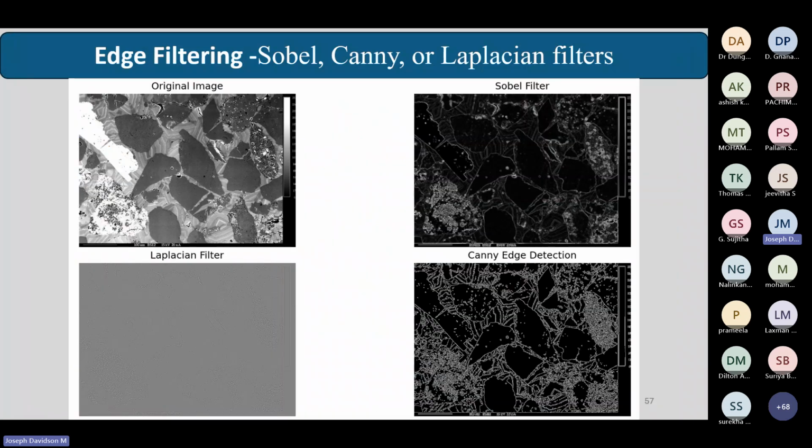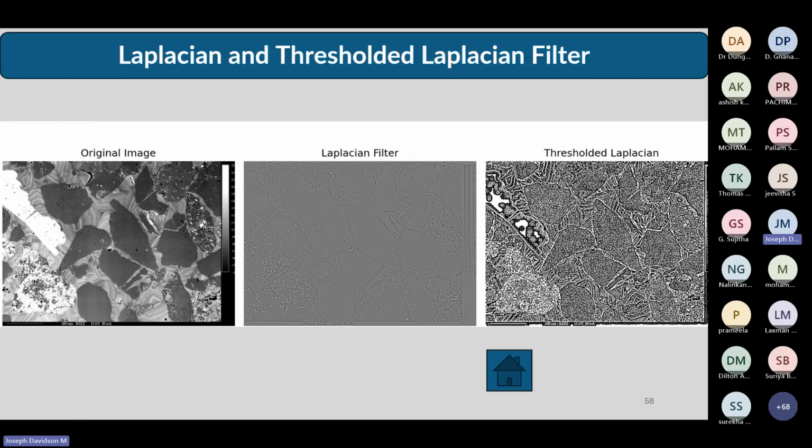All of these have parameters to adjust. Some algorithms adjust them automatically, and some parameters we have to give in an iterative manner. That's why this Laplacian filter has not predicted anything. It has simply blurred everything.